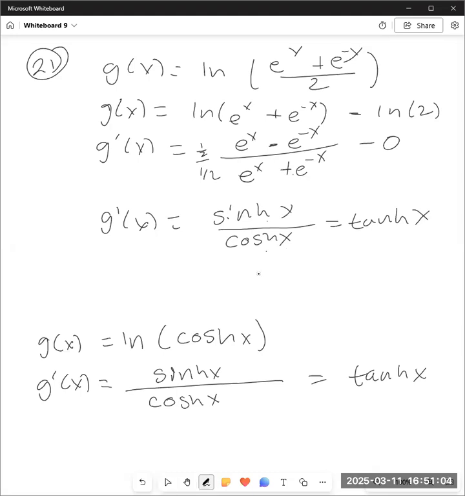However your book gives the answer, whether it gives e to the x minus e to the negative x over e to the x plus e to the negative x, or they might multiply by another form of it. If they multiply by e to the x top and bottom, it's e to the 2x minus 1 over e to the 2x plus 1, something like that, would also be an equivalent answer.